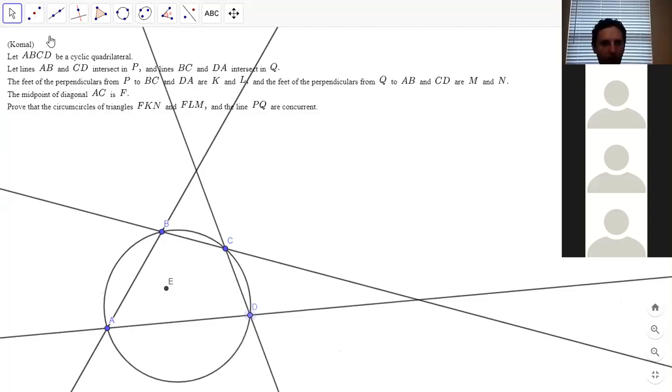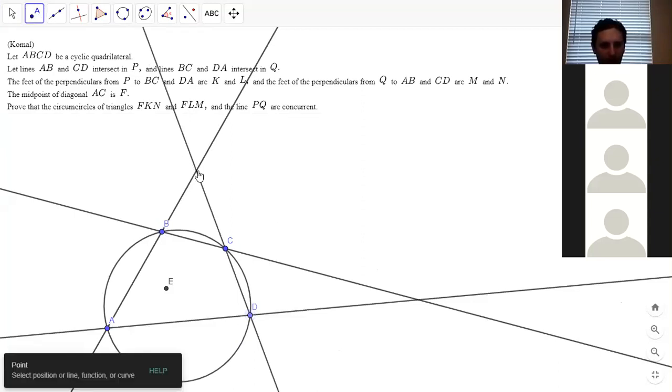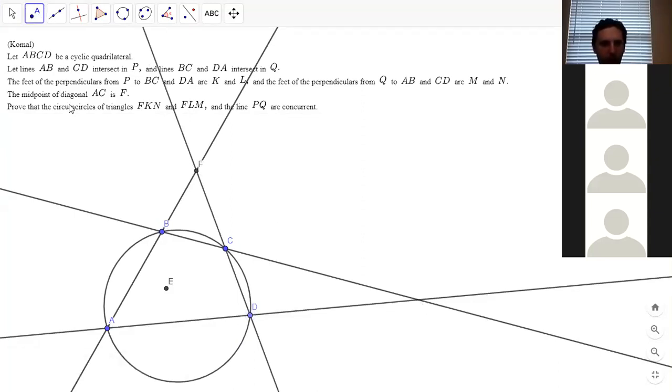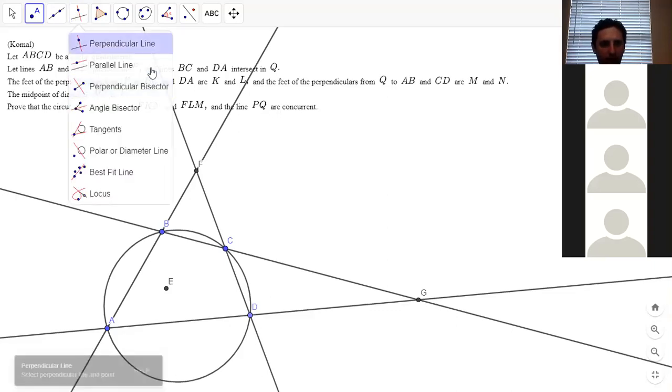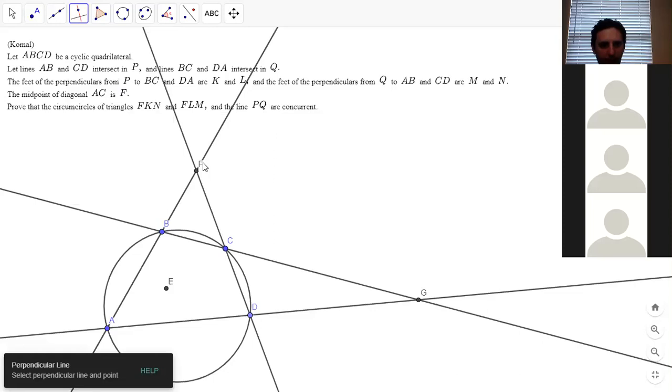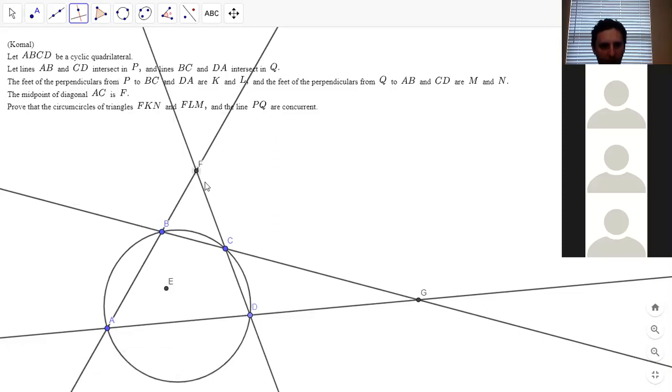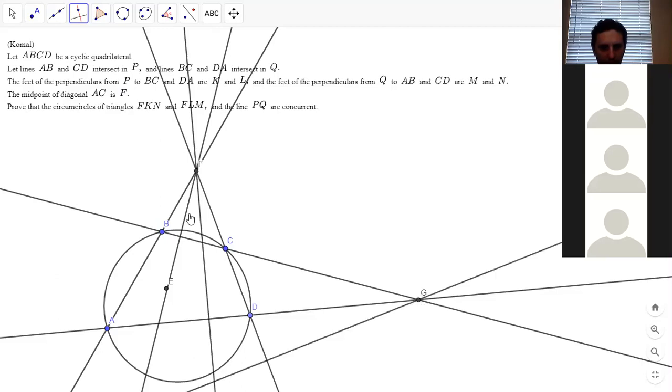So perpendiculars. All right. A, B, and C, D, P to. So we draw that, and then we draw that, and that.